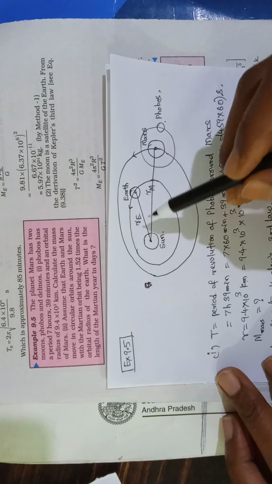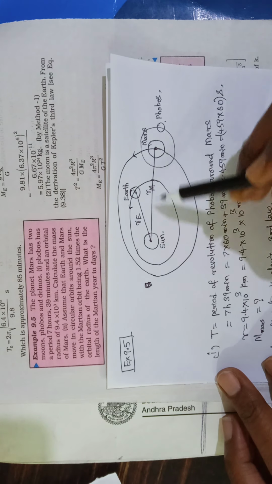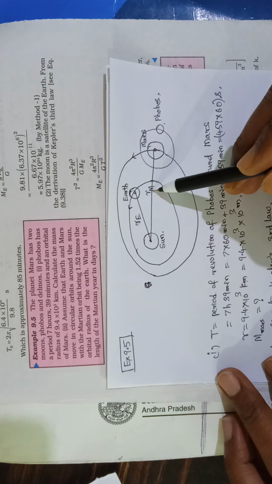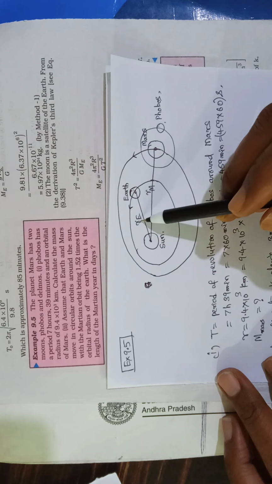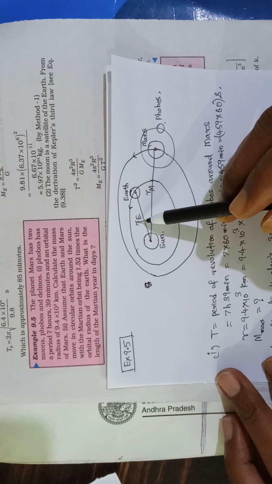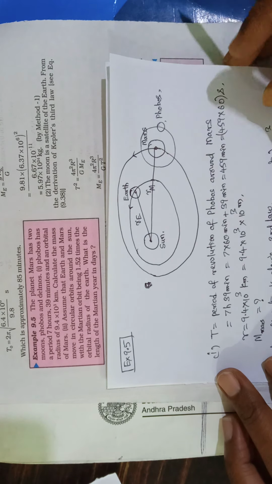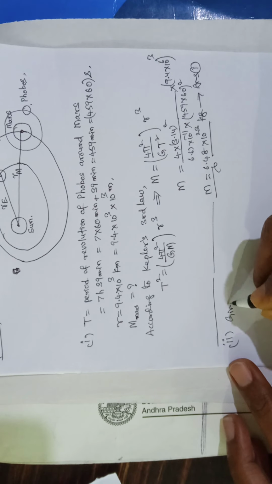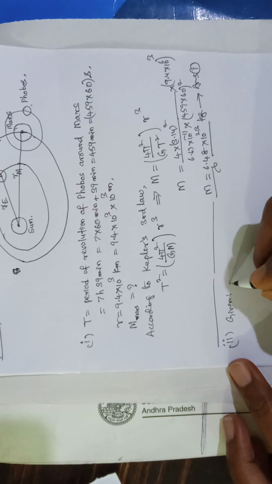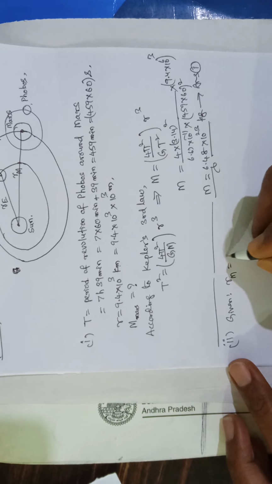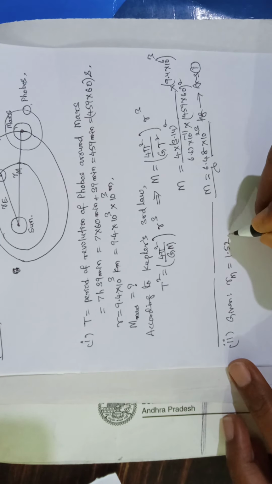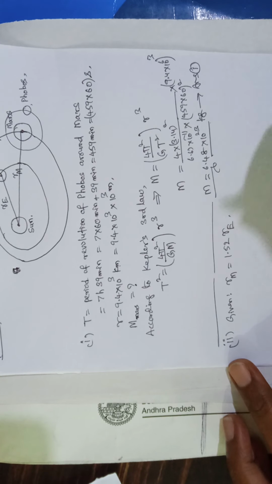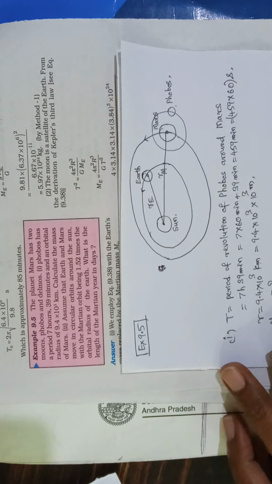So here the orbital radius of Mars is 1.52 times this value, that is given. So here what is given, let me write: Rm is equal to 1.52 times Re.